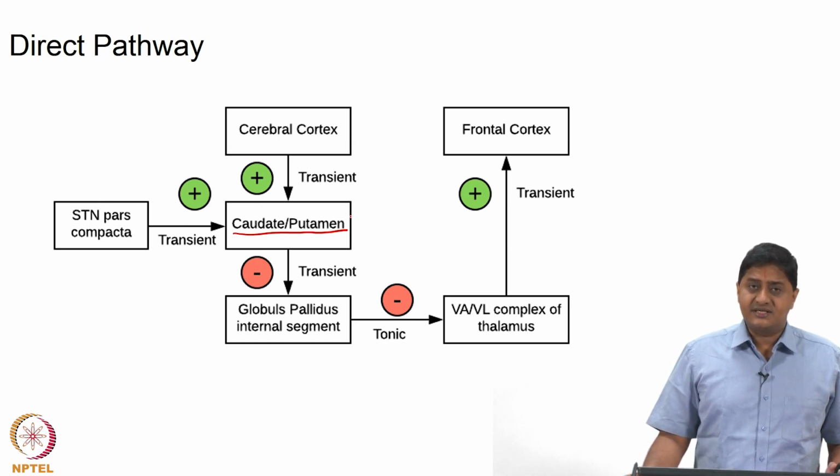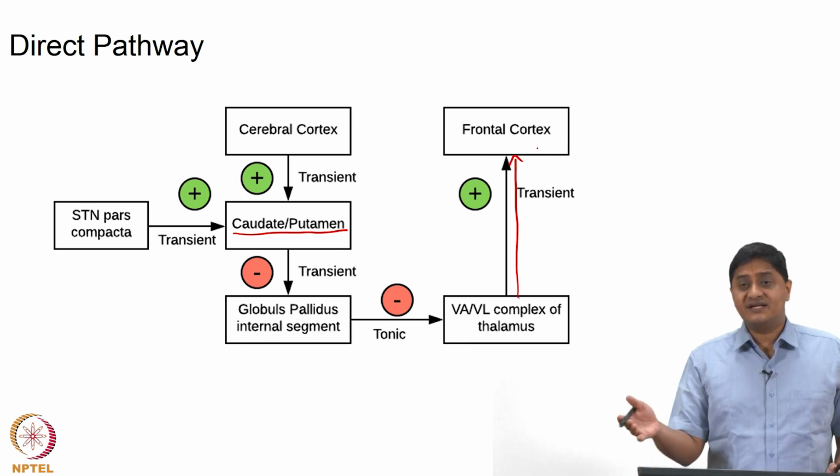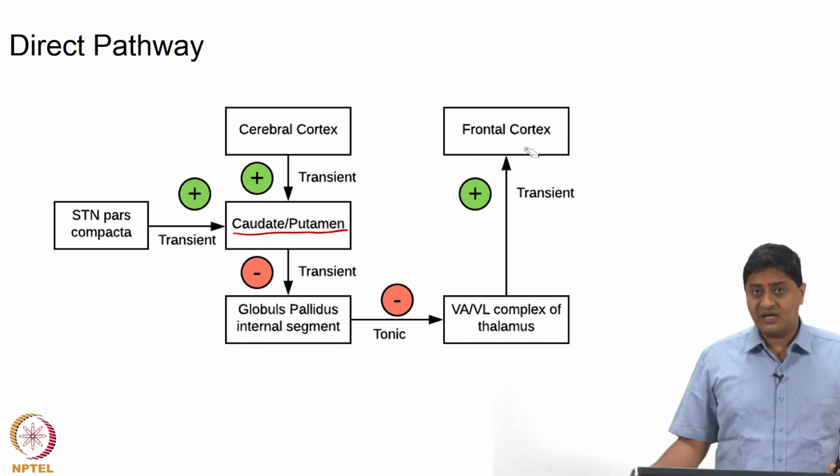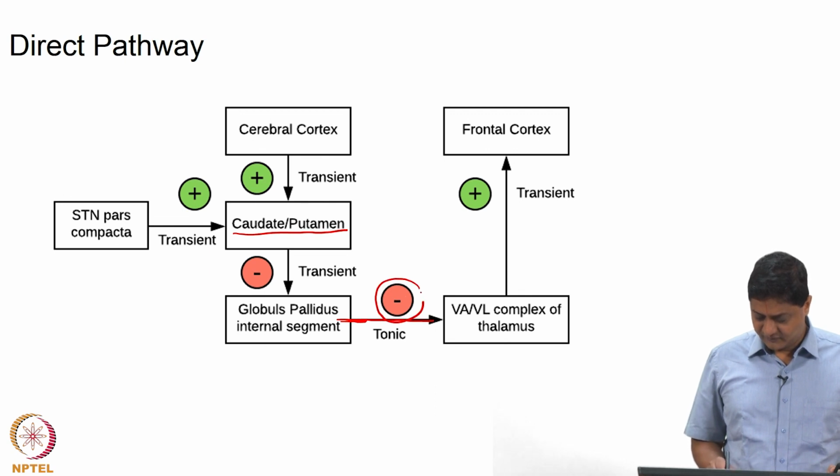Important to realize is the fact that the thalamocortical neurons in the thalamus are excitatory and they excite the cortex. These thalamocortical neurons themselves are inhibited by the outputs from the GPI. From here there is a very strong and tonic inhibition.